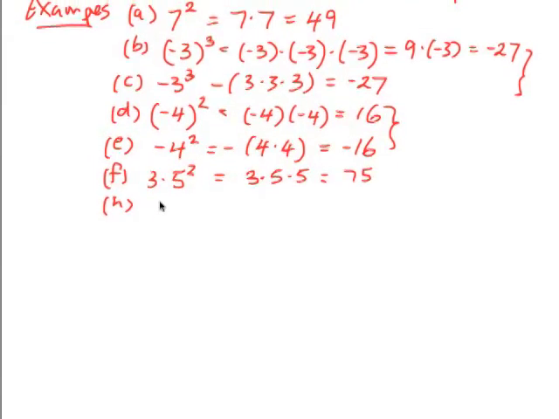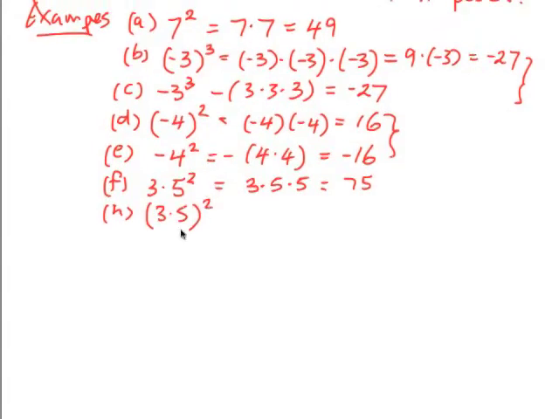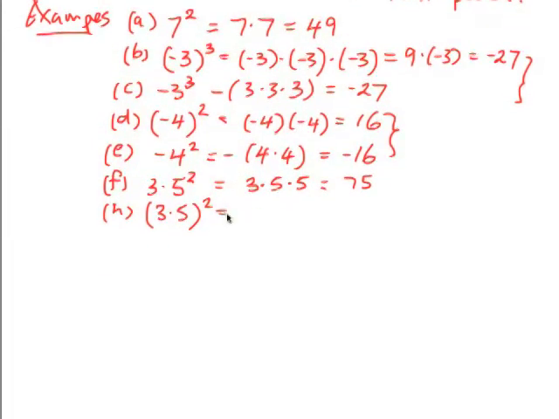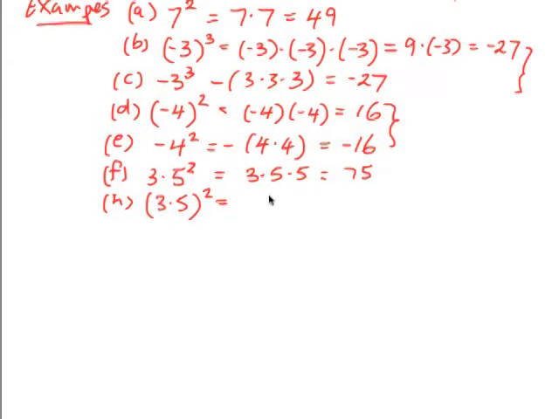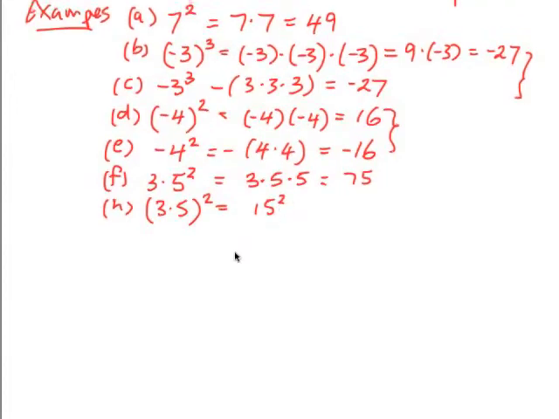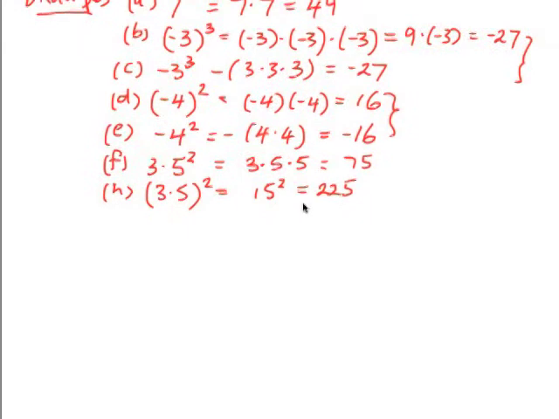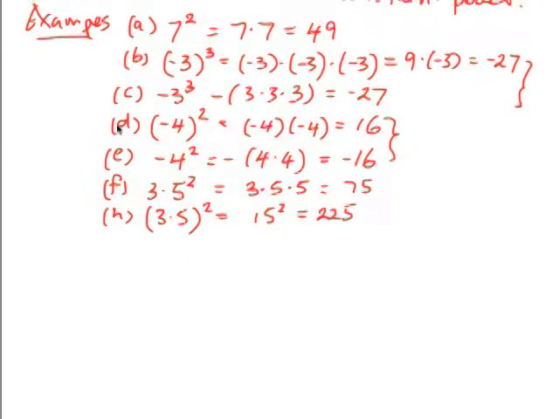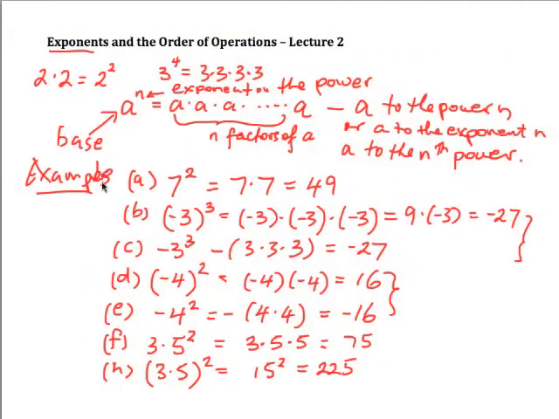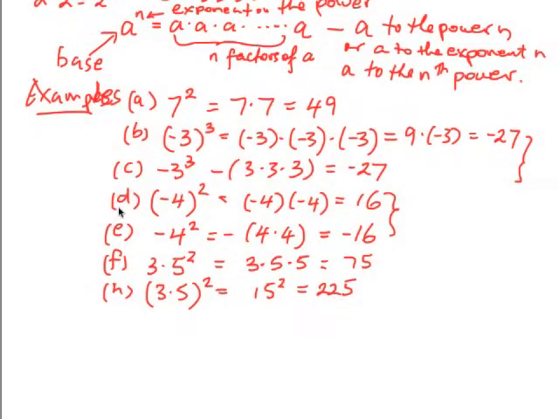This is not the same as if we did 3 times 5 all squared, because this would be the 3 times 5 first, which is 15, squared, which is 225. So be very clear that these two things are not the same either. So there we have how we deal with exponents.